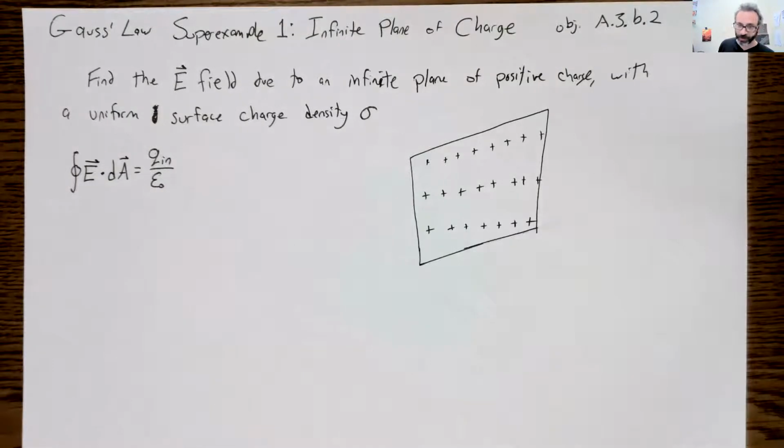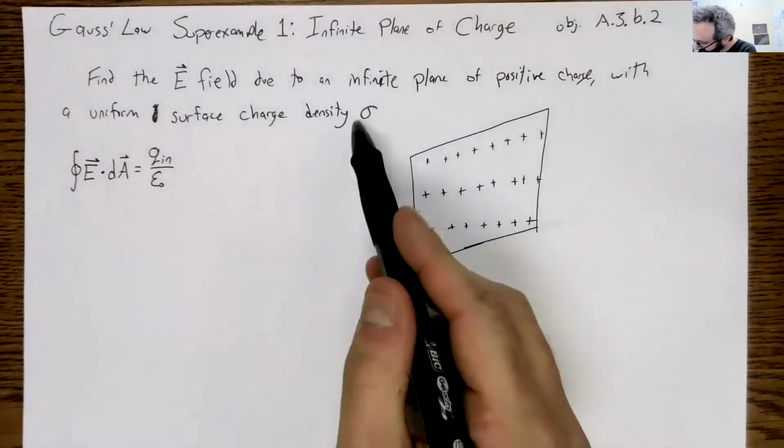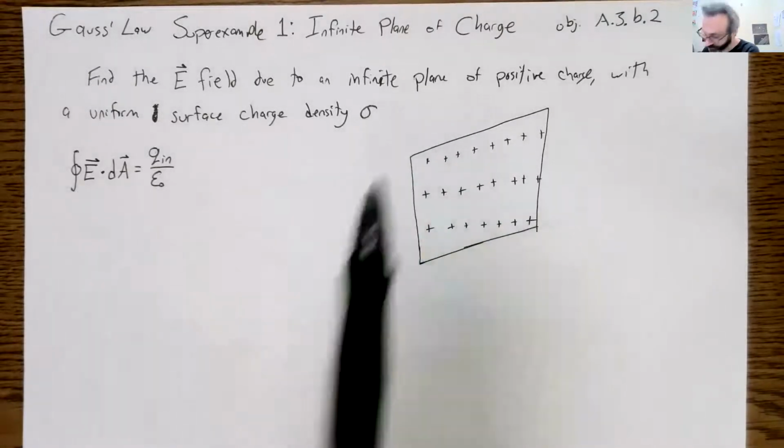We can't just look at the total charge, because if we spread charge out over an infinite plane, we're going to have an infinite amount of charge. But what we can talk about is how much charge there is per unit area. So that's what we're talking about here with this sigma, this charge density.